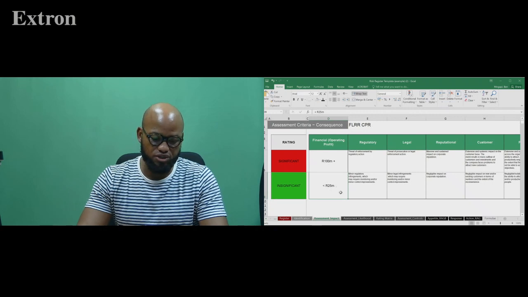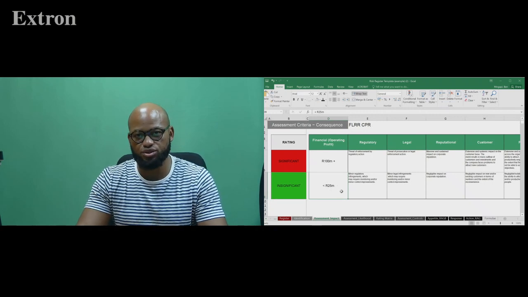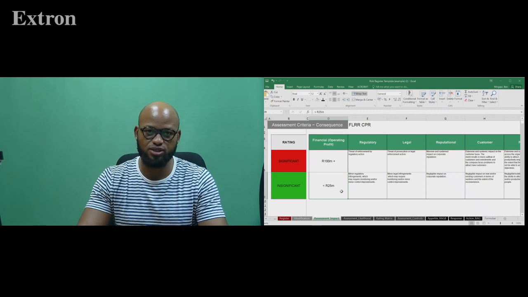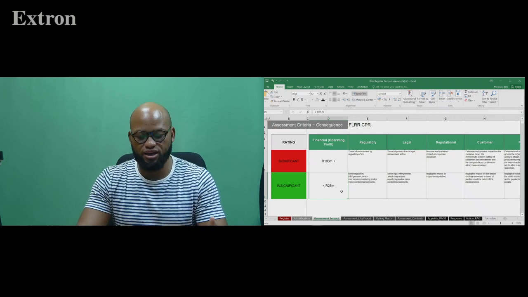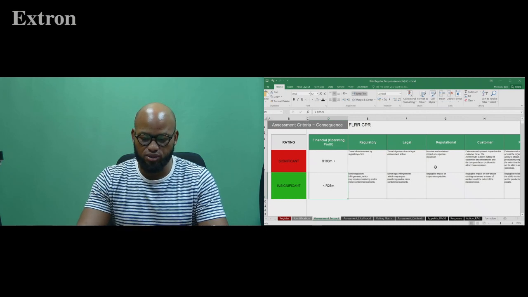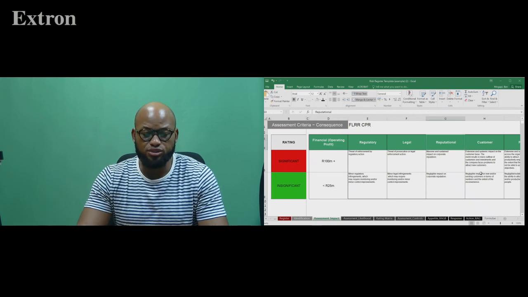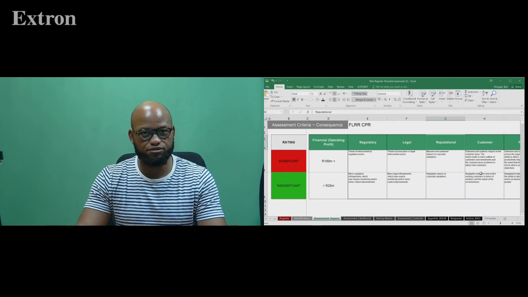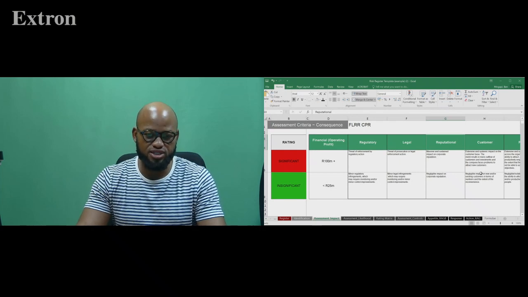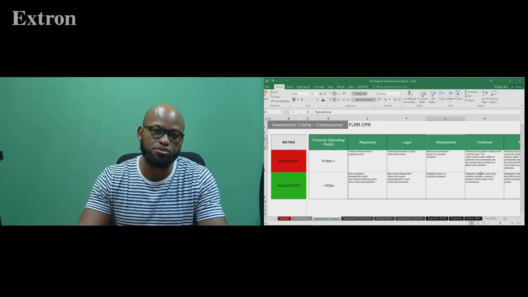Now that's one consideration. Usually when you're dealing with a risk, you cannot look at just one dimension, because a risk will not only have a financial consequence, it's going to have multiple consequences. Sometimes it will affect our reputation, just like with the risk of electricity supply disruptions for Eskom.